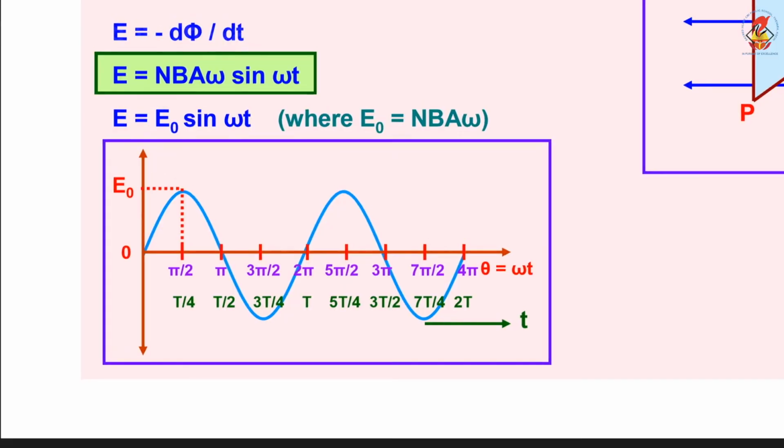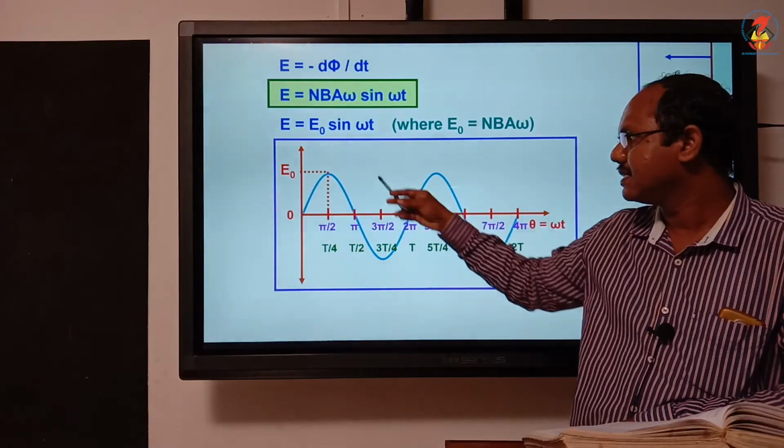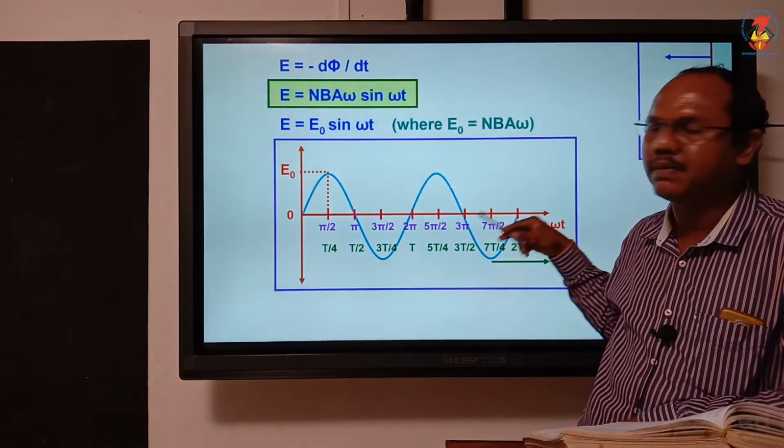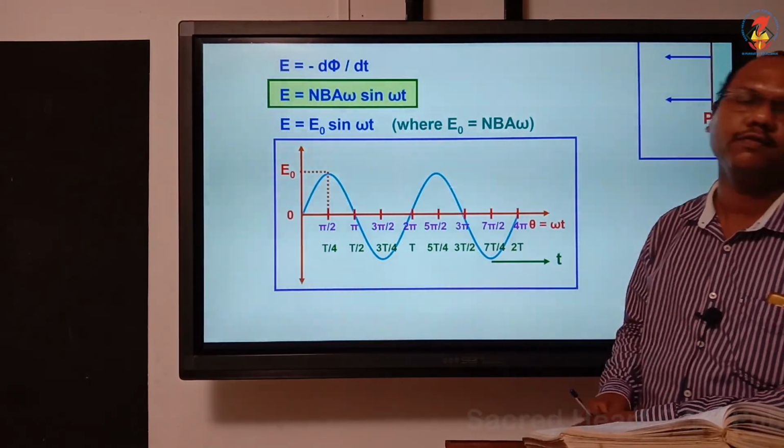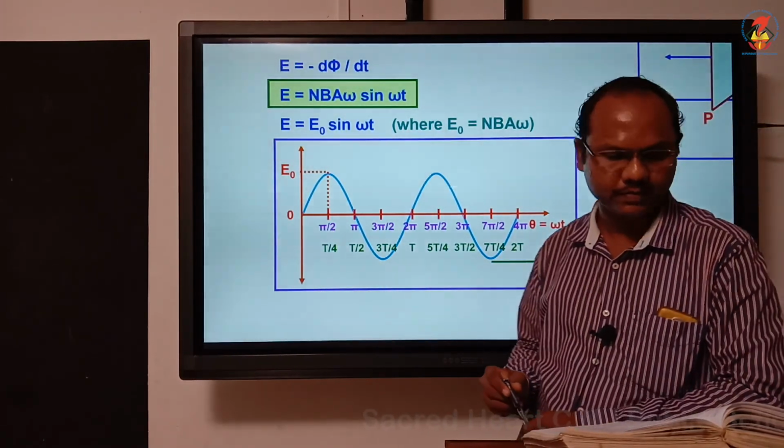It will be like this. So from the equation it is clear that the voltage, the EMF varies sinusoidally. That means it varies according to the sine curve. So this is the graph for alternating current.